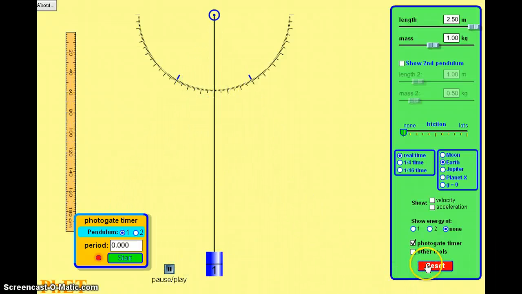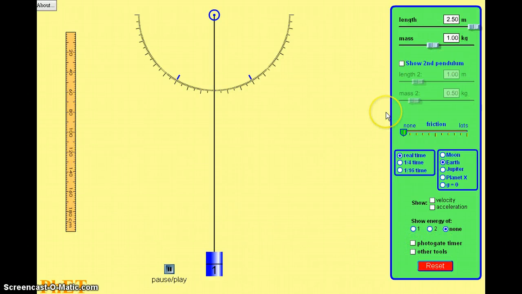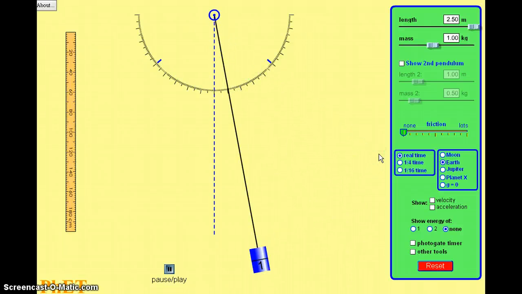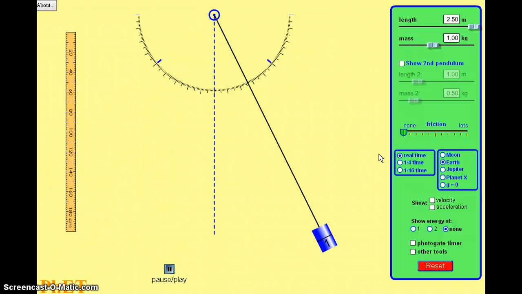However, you can see that in this green box at the side there are other things that we could start to look at. For example, we could start to change the mass of the bob, and we could look at how mass relates to the period of a pendulum. We could also change the release angle from which the pendulum is released, and see if we get the same time periods at higher or lower release angles.